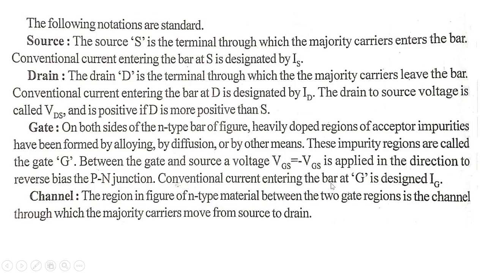Conventional current entering the bar at G is designated by IG. So, what is the channel? The region in the figure of N-type material between the two gate regions is the channel through which the majority carriers move from source to drain.